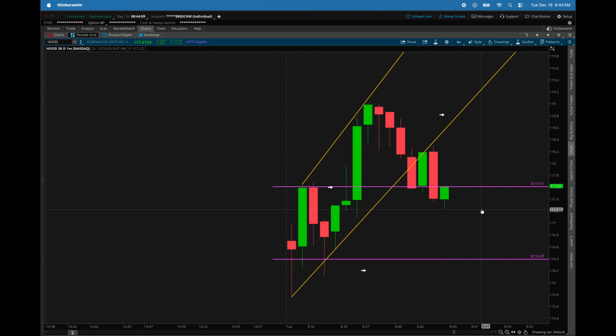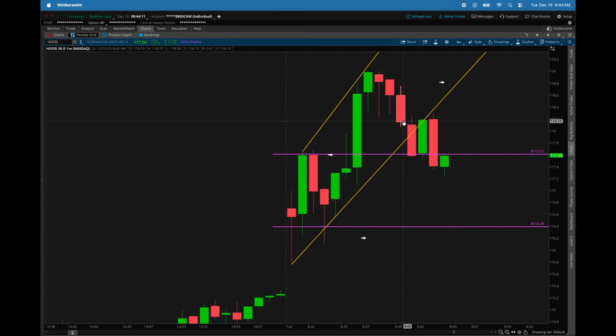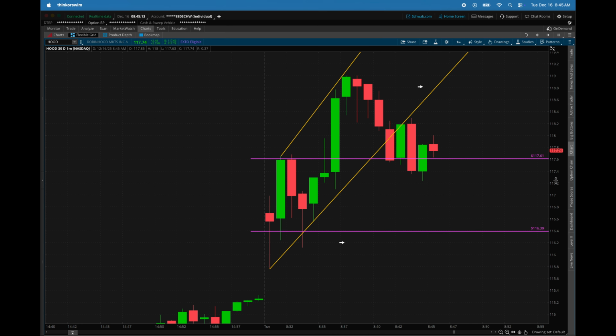Looks more bearish than bullish. I just like to take patterns on the top or the bottom, not in the middle.